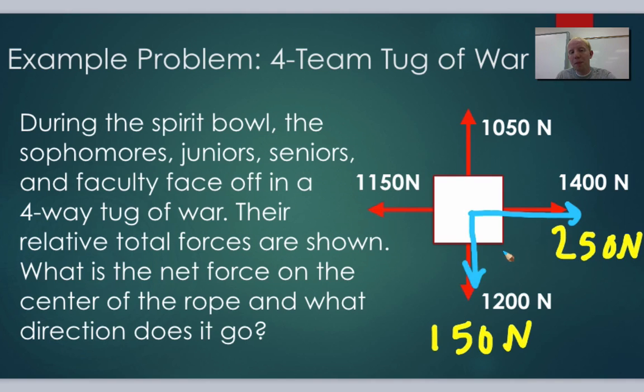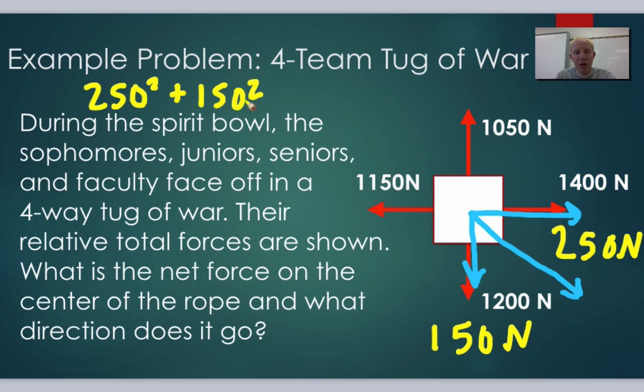But it's really weird to describe your net force as components. We want to find the total net force, right? The total net force, magnitude and direction. So we're going to need to plug that into the Pythagorean theorem. So net force will be 250 newtons squared plus 150 newtons squared, all square rooted.